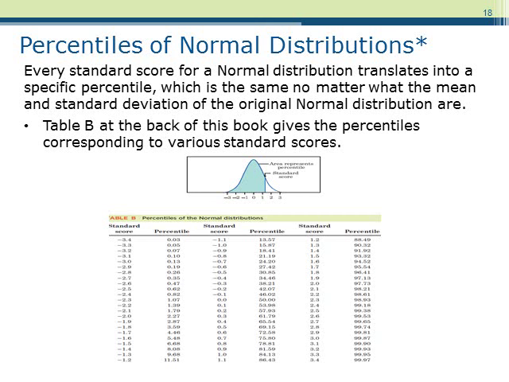If we look up 1.0 in the standard score column, we see the percentile is 84.13. How do we interpret these values? So 84.13% of the observations are less than one standard deviation above the mean. Furthermore, the remaining 15.87% are more than one standard deviation above the mean.